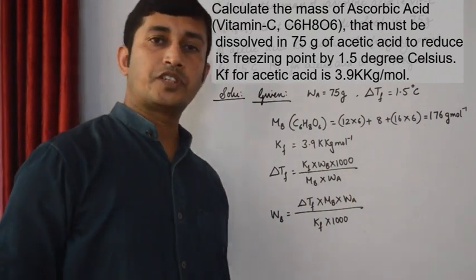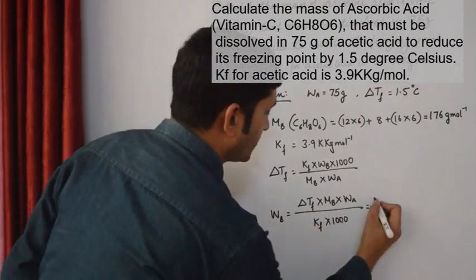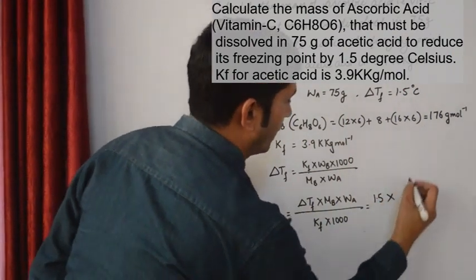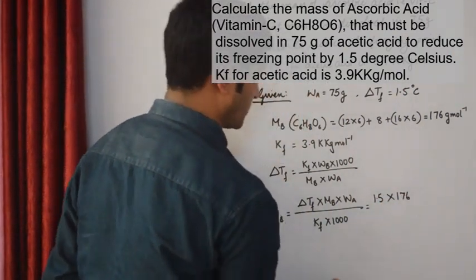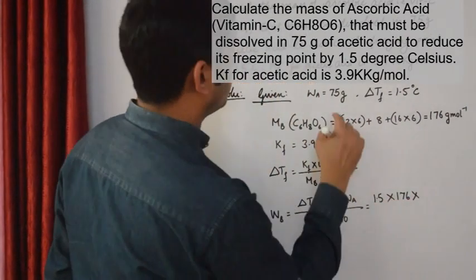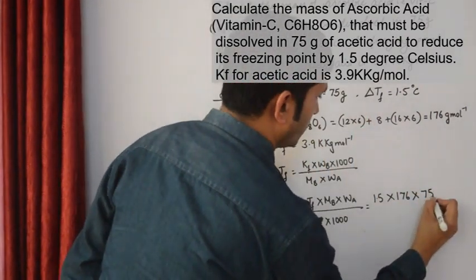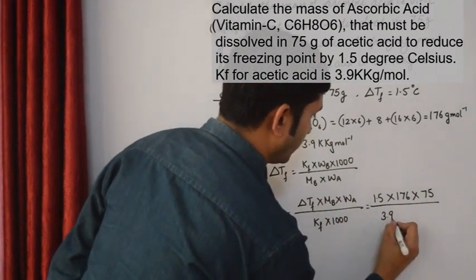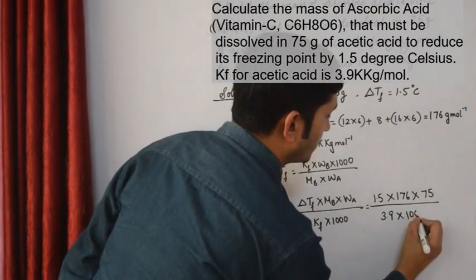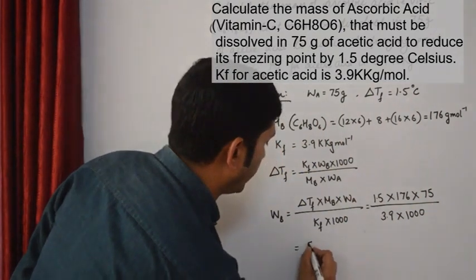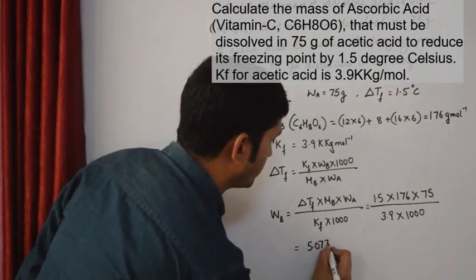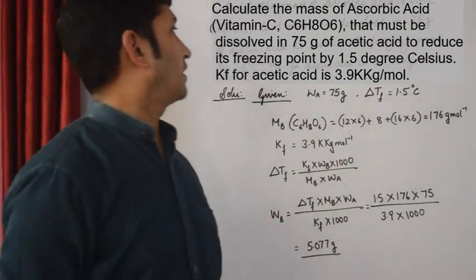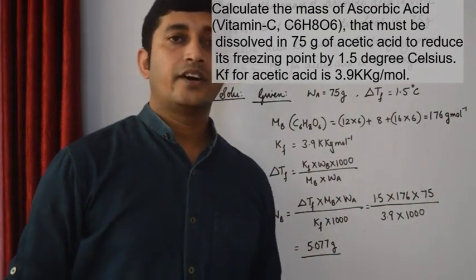Now on substituting all the values, delta TF is given here 1.5, MB we have calculated 176, WA mass of solvent is 75, KF is 3.9 into 1000. On calculating, you will get 5.077 gram. It means 5.077 gram of ascorbic acid is required here.